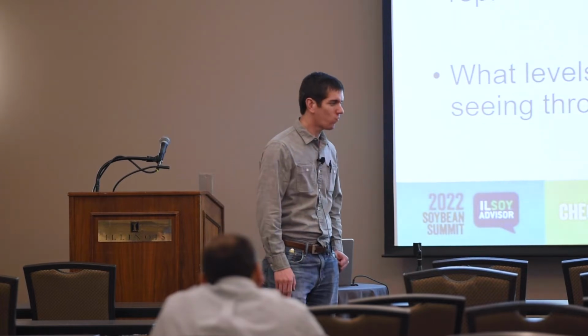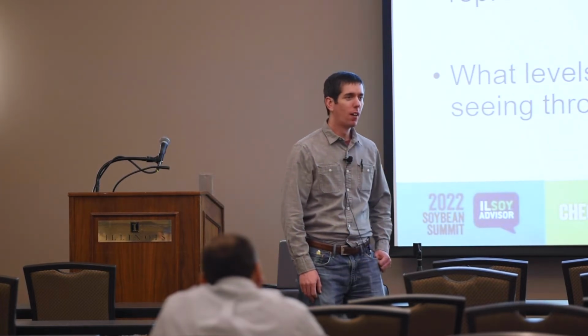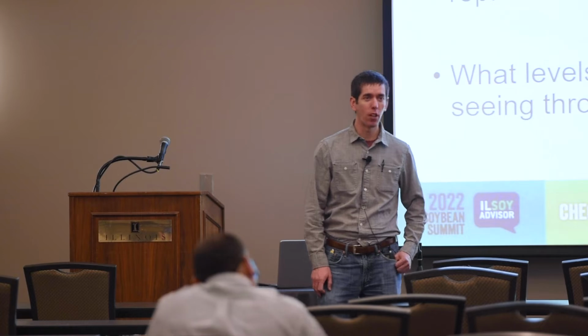Most people who have gone through and measured defoliation will agree our thresholds are really high. If you've ever seen what 20% defoliation looks like, it's really pretty eye-opening. We'll talk about whether that's right or wrong.